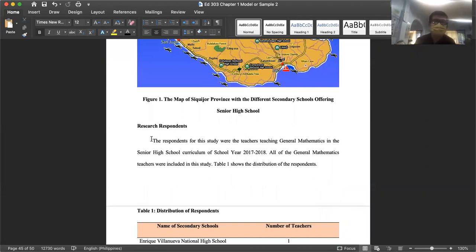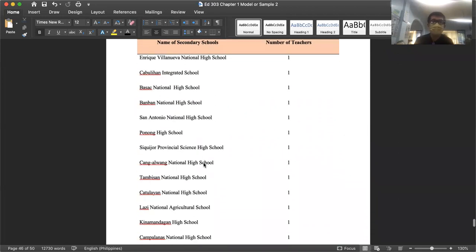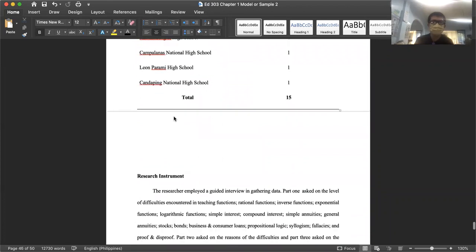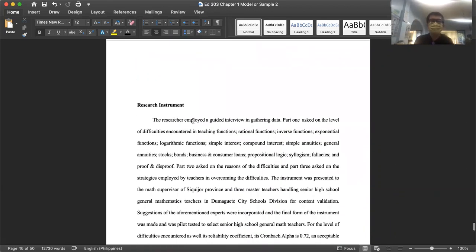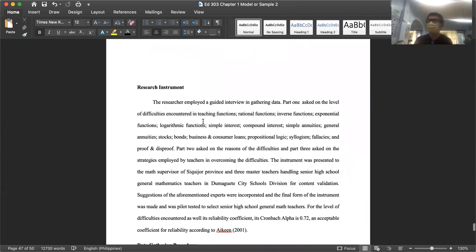Next, research respondents. I want you to have a breakdown of your respondents. I want you to have also Table 1, distribution of your respondents. Follow the format for Table 1. Research respondents. Then research instrument. So the researcher employed a guided interview in gathering data.